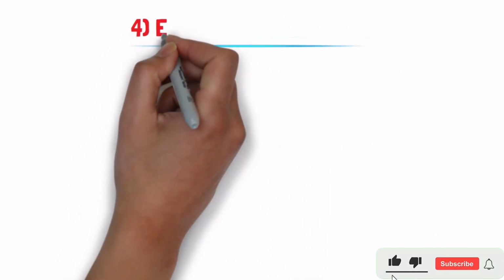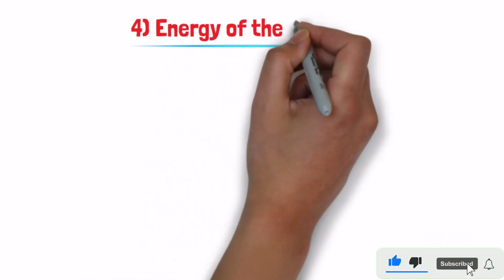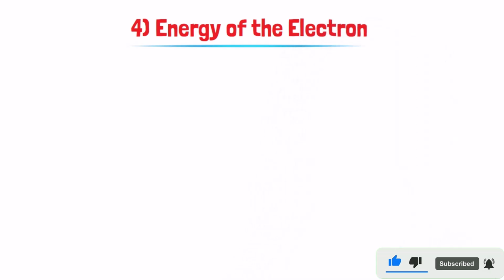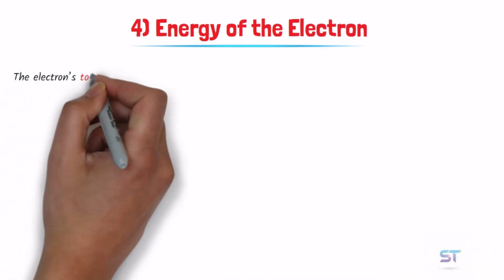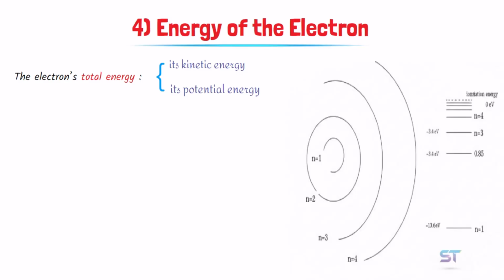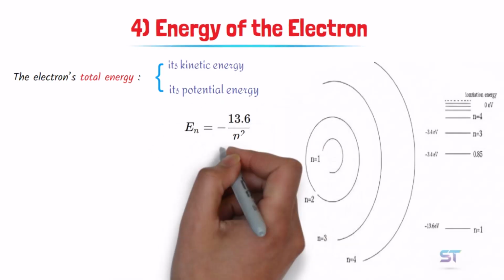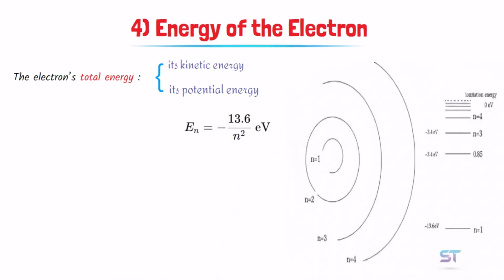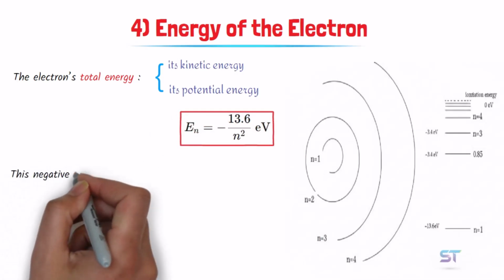And to determine the energy of the electron, the total energy is the sum of its kinetic energy and its potential energy. After some math, we get energy level En equals minus 13.6 upon n squared electron volt. This negative value means the electron is bound to the nucleus.